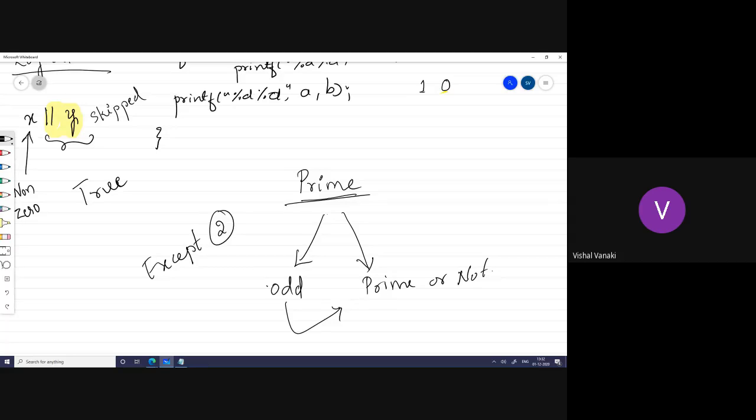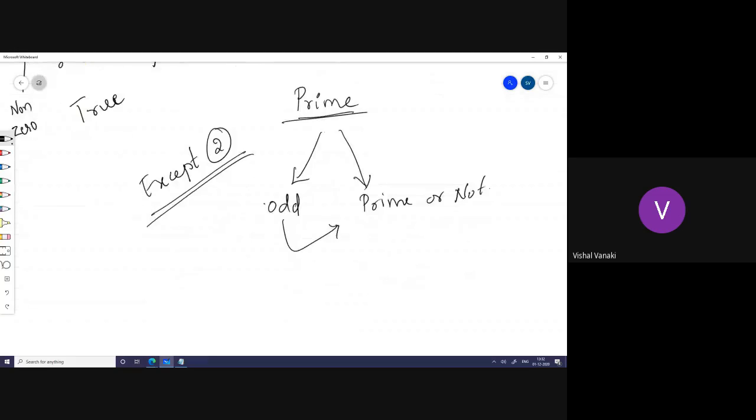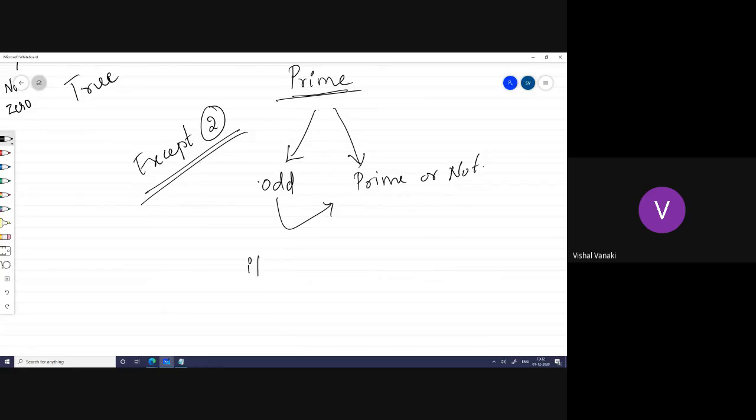Just for understanding where this OR operation will help us, we will ignore that exception of 2. Here you can write a condition: if is prime, sorry, not is prime, you can take it as is odd.